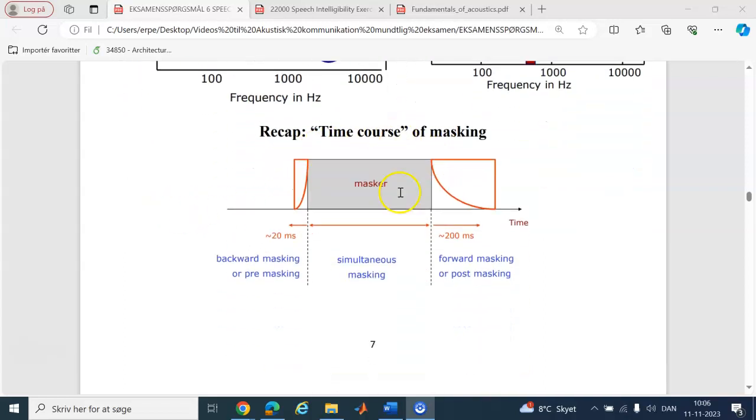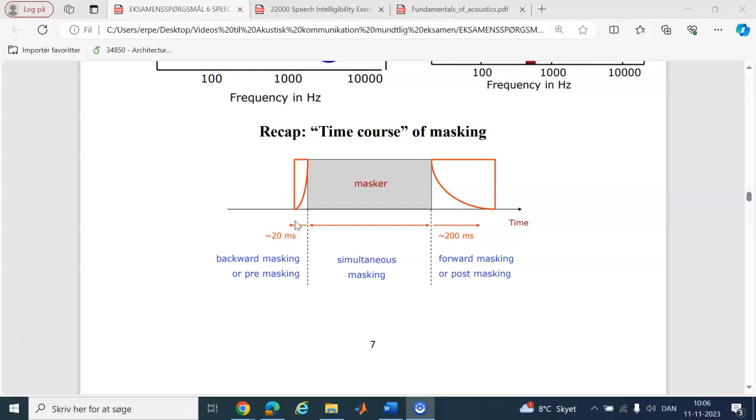Recap: time course of masking. We have backward masking, where the signal comes before the masker. This is important from about 20 milliseconds. Then we have simultaneous masking, when the signal and masker are at the same time.